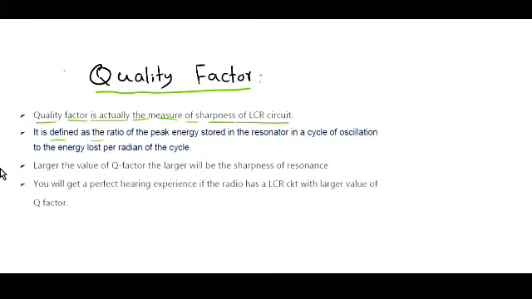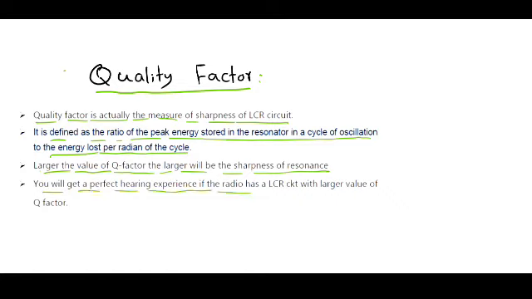Or this can be defined as the ratio of the peak energy stored in the resonator in a cycle of oscillation to the energy lost per cycle. The larger the value of the quality factor, the larger will be the sharpness of the resonance. You will get a perfect hearing experience if the radio has an LCR circuit with a larger value of the Q factor.